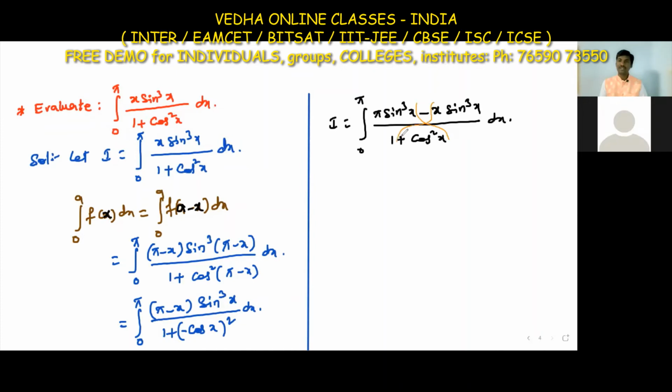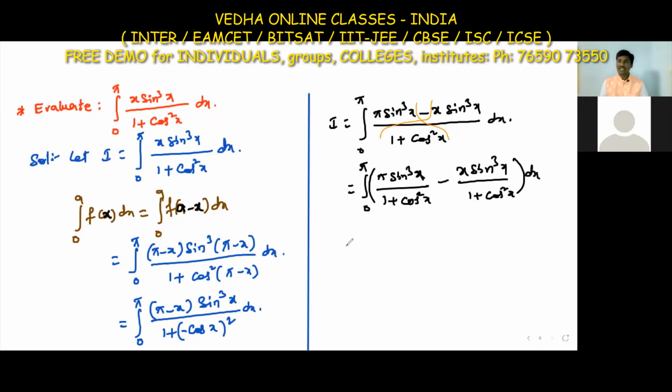If we separate, we get integral of 0 to pi sine cube x divided by 1 plus cos square x, minus x sine cube x divided by 1 plus cos square x. Whole dx is as it is.